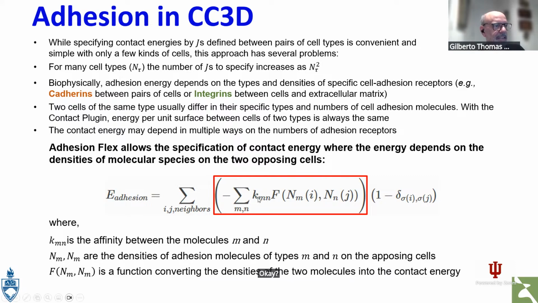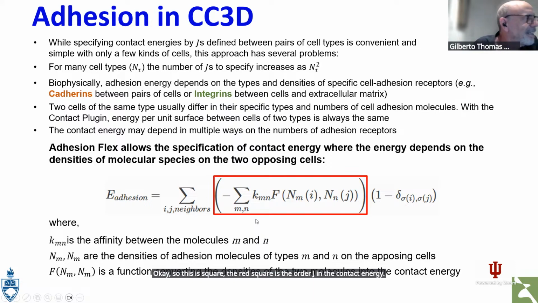And this is represented by the K. F is a function of the concentration of adhesion molecules on the surface of the cells. I and J is the position, the ID of each cell. Okay, so this red square is the old J in the contact energy.